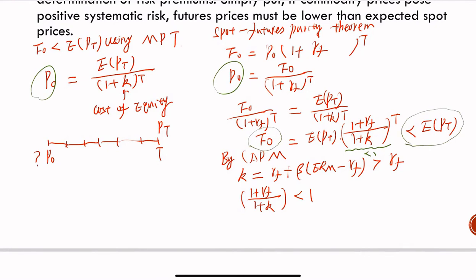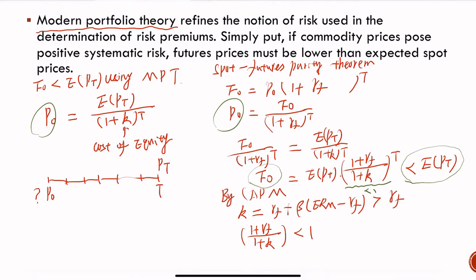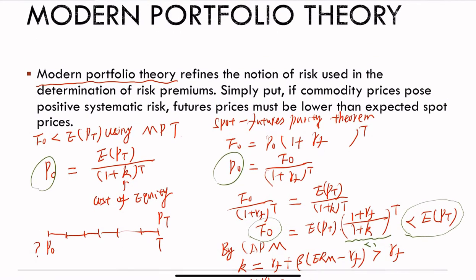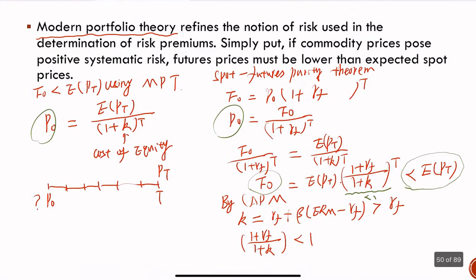So this result is obtained by two theorems. The first is the parity theorem. The second theorem is this CAPM theorem. And you can see why this is called modern portfolio theory. The reason is because CAPM is obtained from the modern portfolio theory.